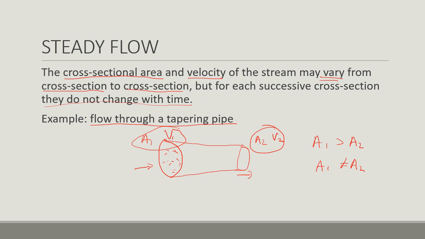It will not change with time. That means after 2 seconds it won't change, after 3 seconds it won't change, and at this cross section too it won't change. It will remain constant with time, but it will vary from this cross section to this cross section. I hope it's clear.